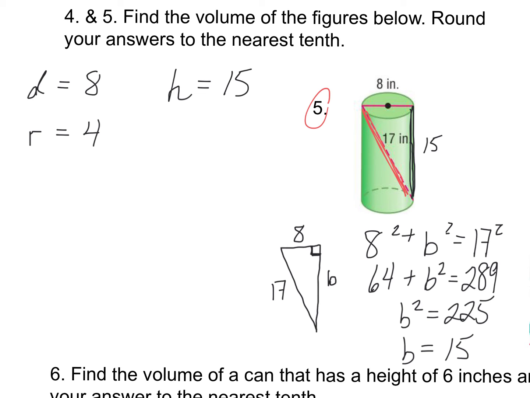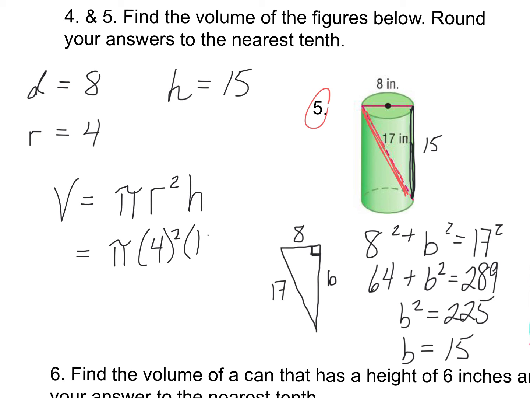So now I can go back and calculate my volume. So if you recall, it is pi r squared, and then times the height. So we'll plug in our values. I'm going to keep pi as pi, that constant. We figured out my radius was 4, and our height now is 15.